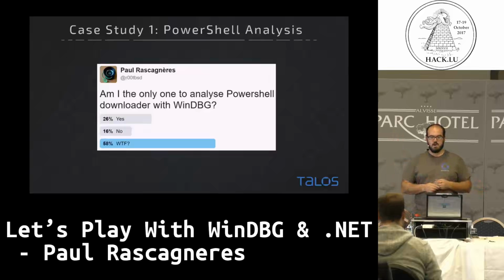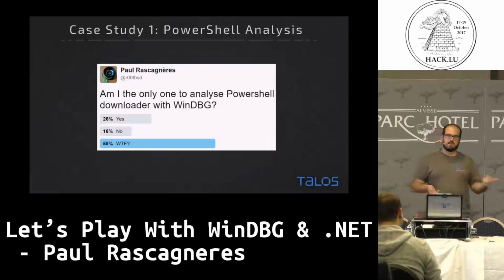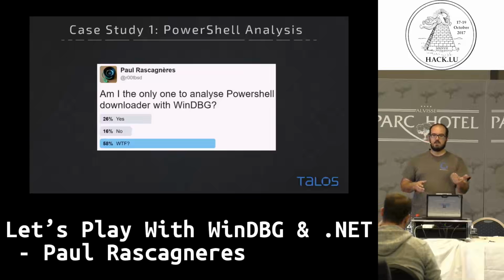Why .NET? Because, as I explained, PowerShell in fact uses the .NET framework behind. It's really weird stuff. If you reverse it, it's developed in C++, but it's a wrapper to the .NET framework. So in the background, they use .NET.